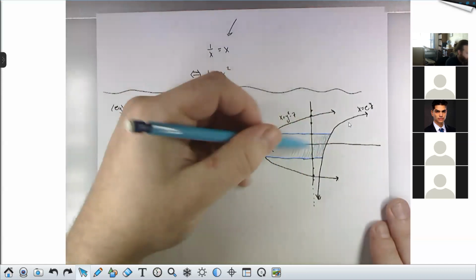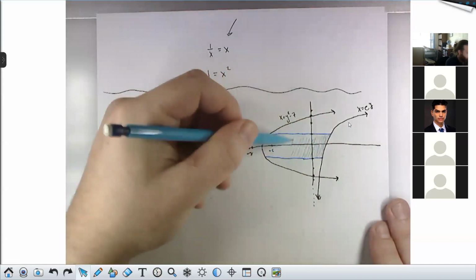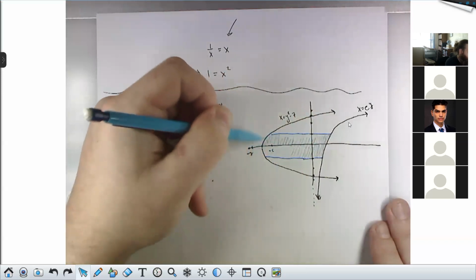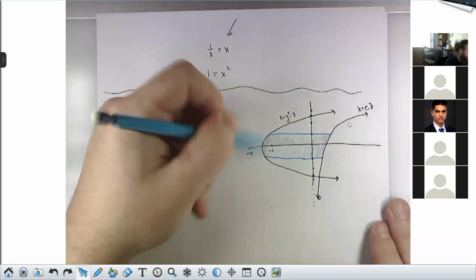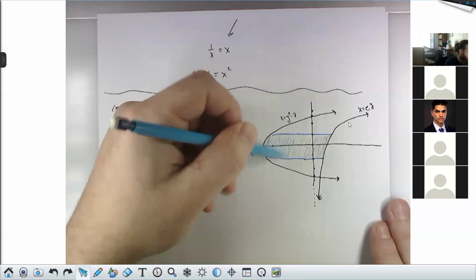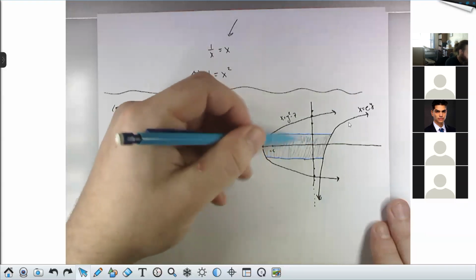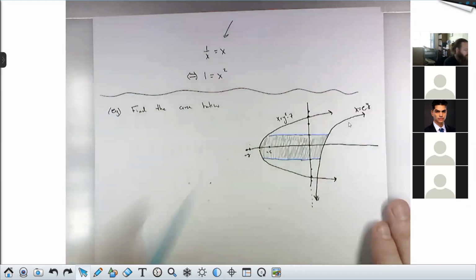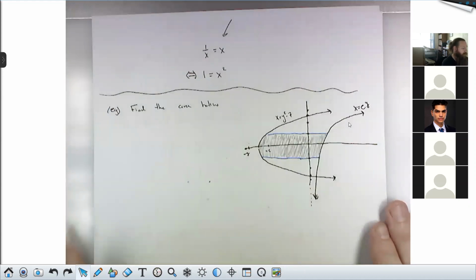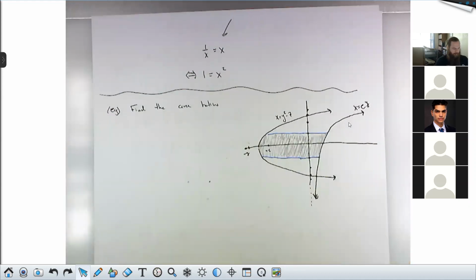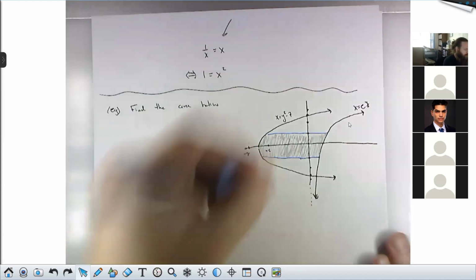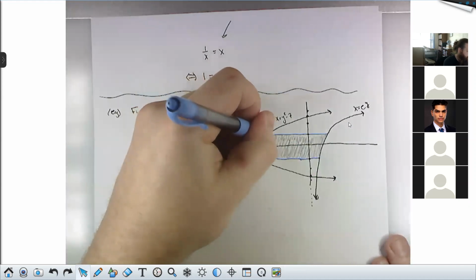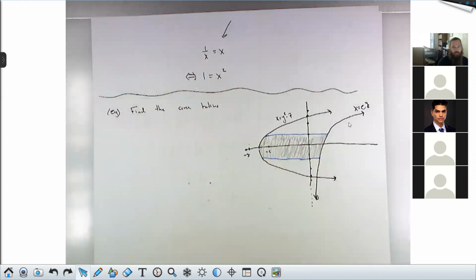So we want to find the area of this shaded region. And the trick here definitely is not an upper minus lower thing. I don't have anything even close to a consistent upper function and a consistent lower function.